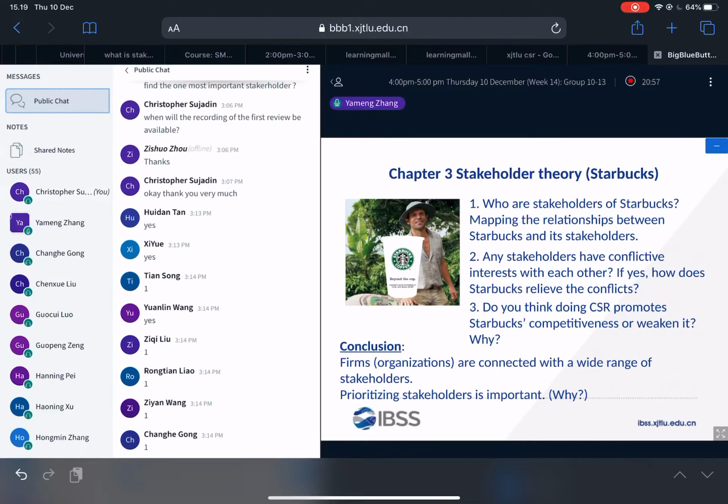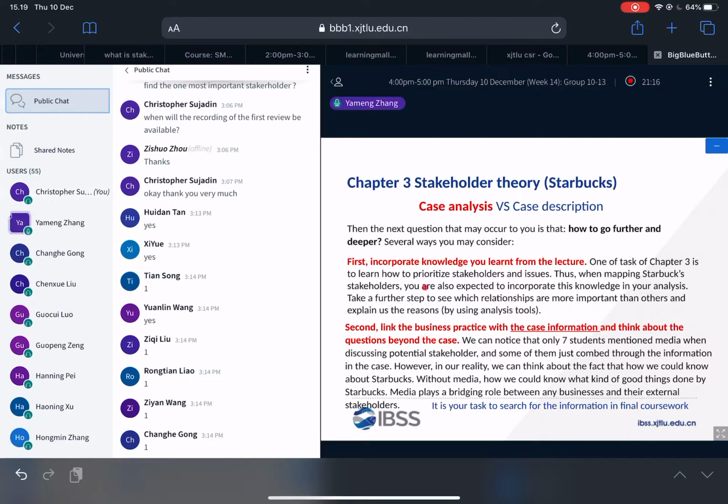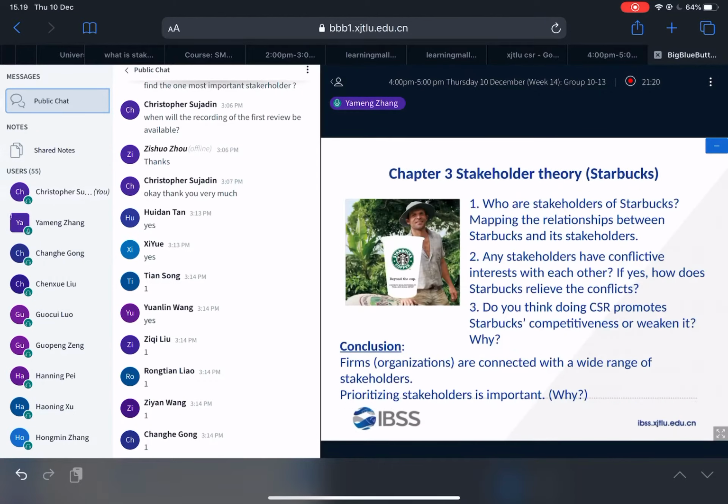If no answers, I will just skip to this part. Okay, so I won't wait. Since no students reply here, I will just say that when you answer the case analysis questions, first of all, provide your understanding of the theory we mentioned in the task.